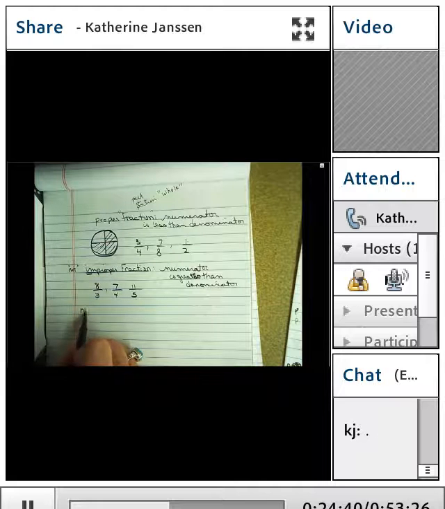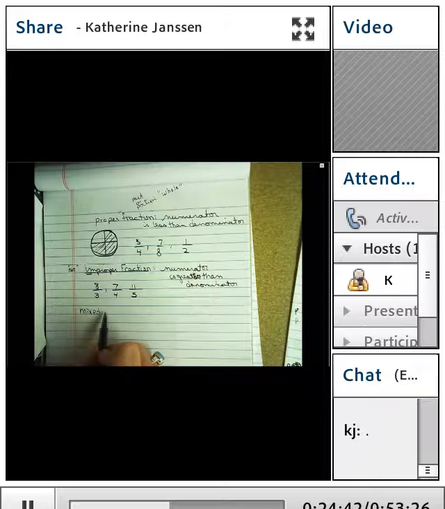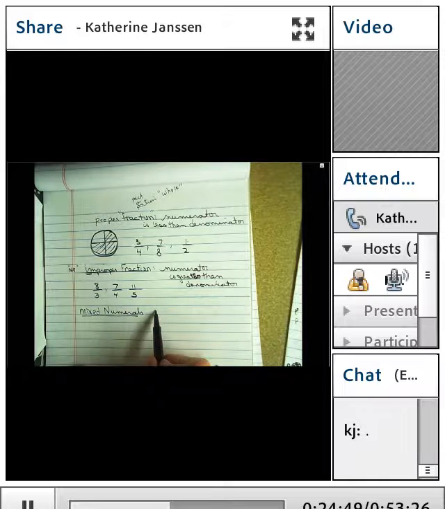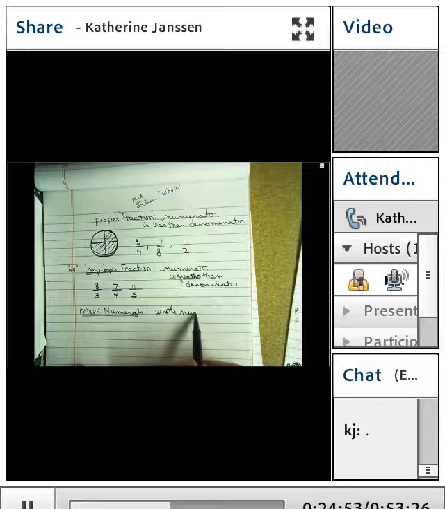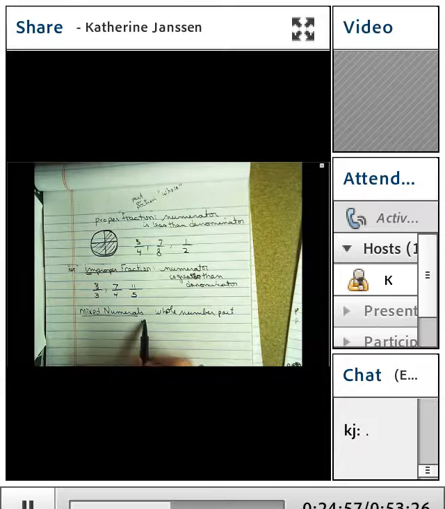Another form of representing fractions is mixed numerals. Mixed numerals, we're going to have a whole number part with a fractional part.